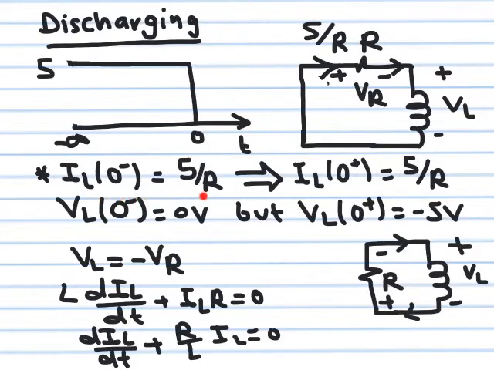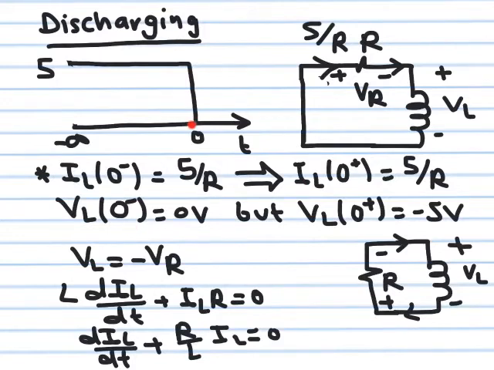So this is what I'm saying. Just before this change in the battery voltage happened, there was a current in the circuit, and it reached its maximum value of 5 over R. After that change happened, the current will still be 5 over R immediately after. When I say 0 plus, I mean immediately after that change. It's of course going to decay with time.